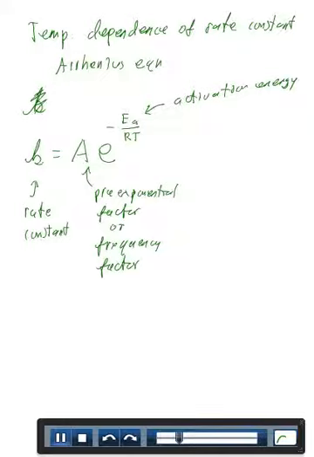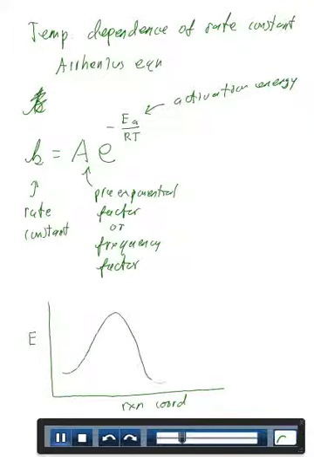Now let's pictorially see what the activation energy means. We'll have energy on this scale and a reaction coordinate on the horizontal scale. You don't really need to know much about it, but let's look at the energy differences between reactants and products. We'll start here with reactant and end up here with product.